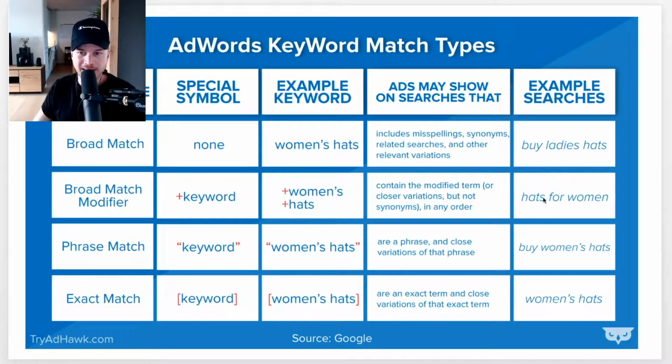So here, for example, hats for women, it will show up because hats is in there and women is also in there. Women is kind of a synonym or a close variant of women's. If it would be, let's say, pants for women, then it wouldn't show up because hats isn't in the phrase.